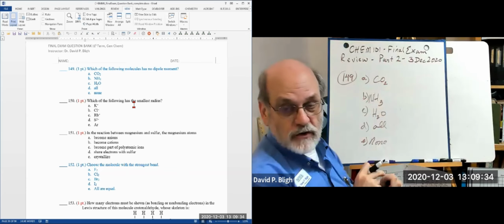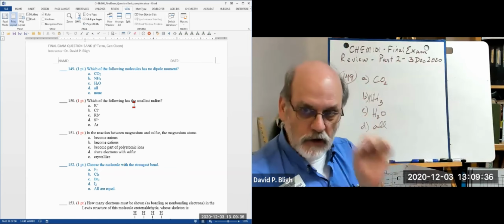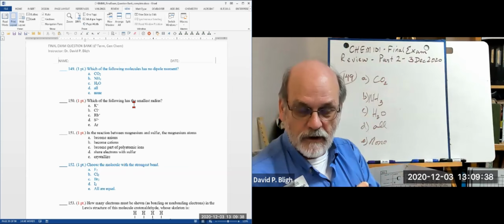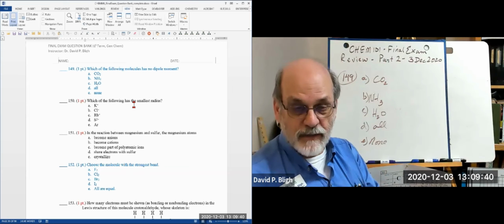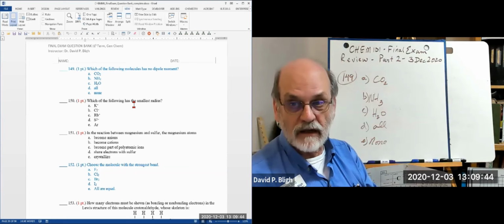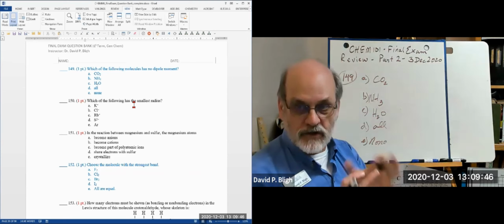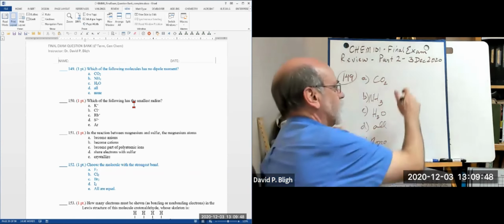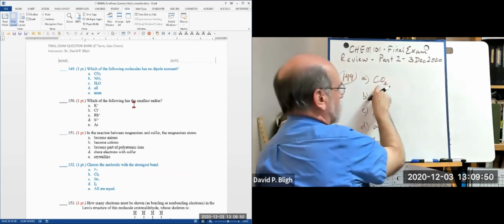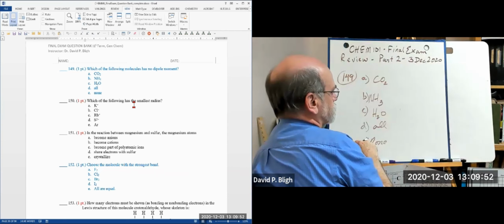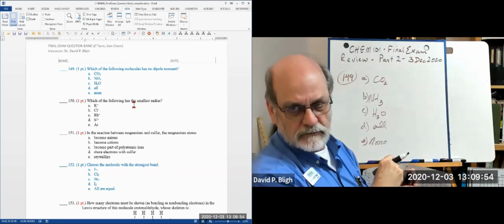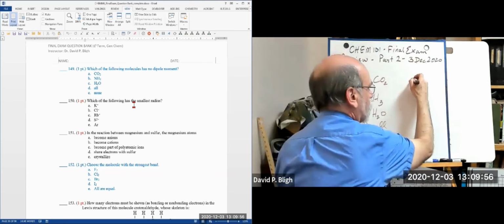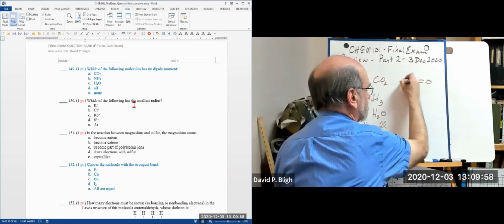So what's the structure of CO2? You have to draw the Lewis dot structure and then use VSEPR, the valence shell electron pair repulsion model, to determine the geometry. Right? So if we do that, in the interest of time, I already know what it is. So we're going to say this, that.